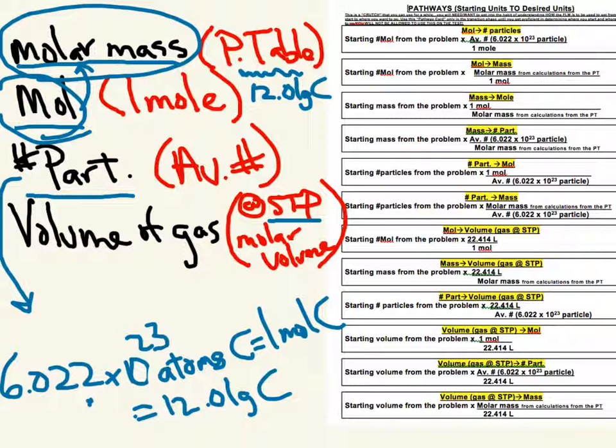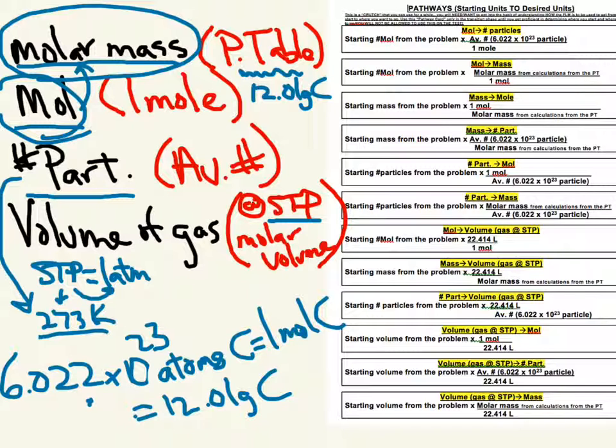STP is equal to 1 atmosphere, or 760 millimeters of mercury, and also it is equal to 273 K. So this is the standard pressure, and the standard temperature is 273 K. So it has to be following those conditions at standard temperature and pressure.